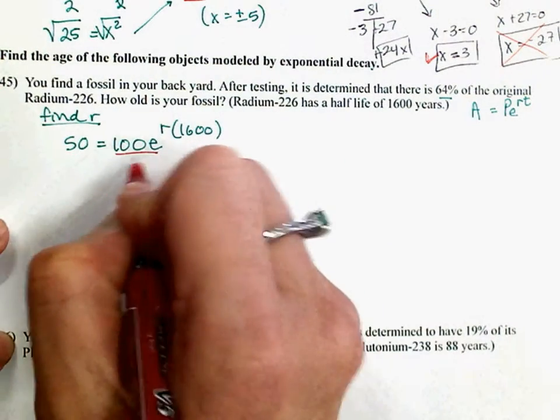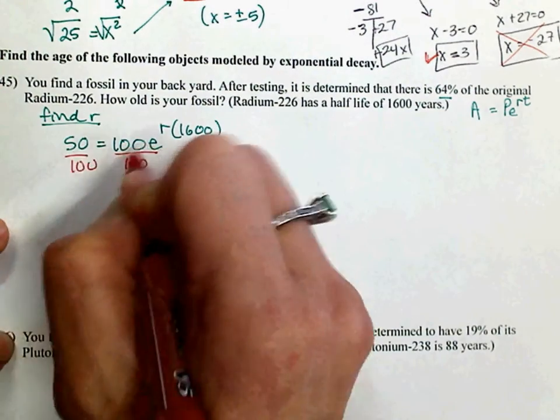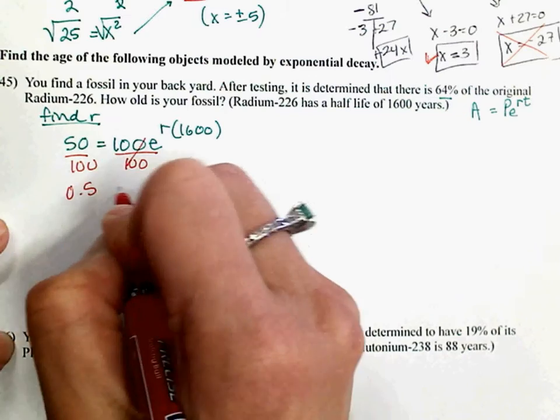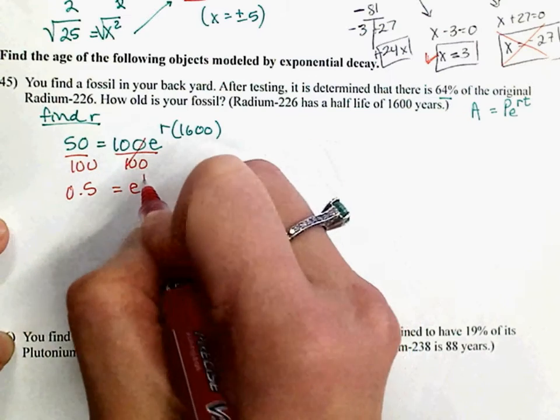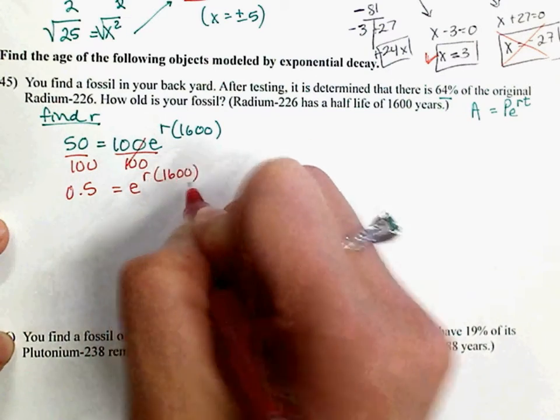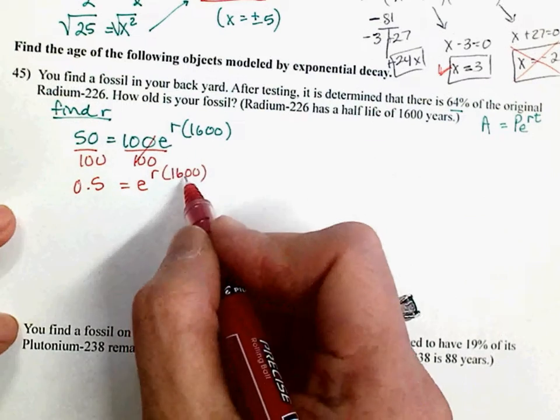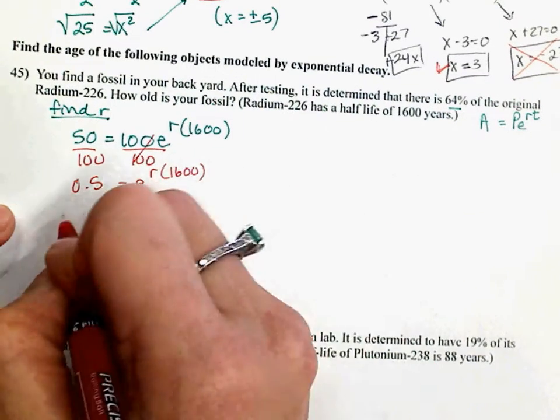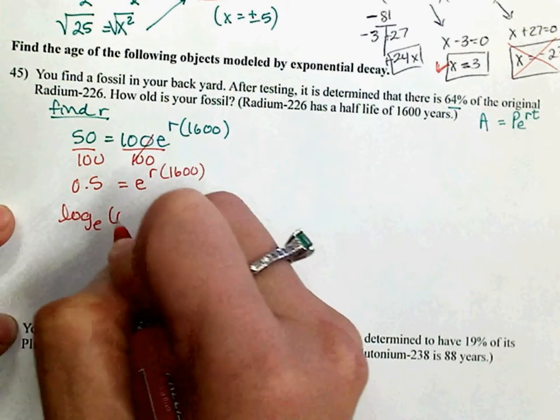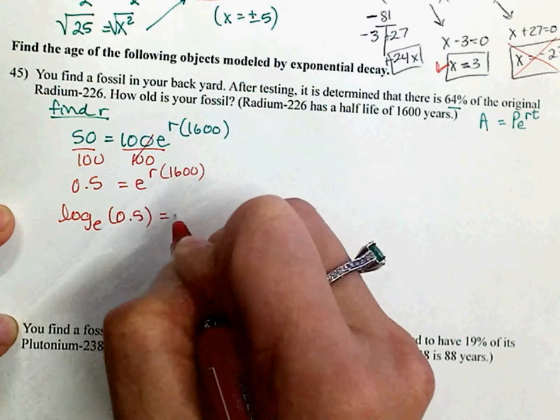Divide by 100, divide by 100. So 0.5 is equal to Euler's number raised to the R times 1,600. Solving for R, I want to bring it down, so the inverse of that is log base E of 0.5 equals R times 1,600.